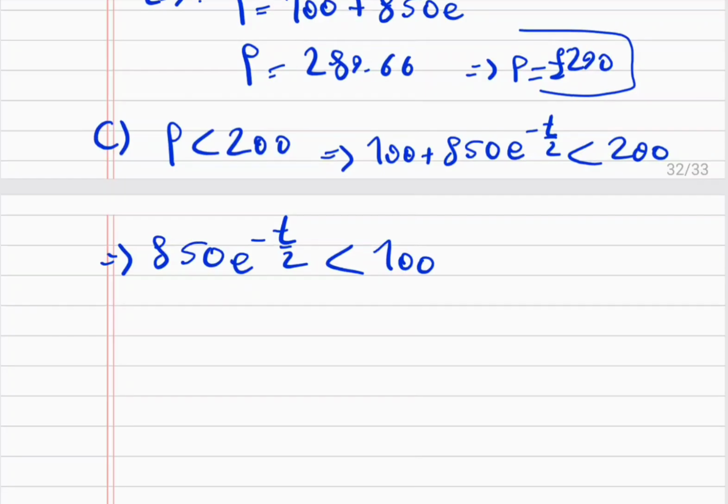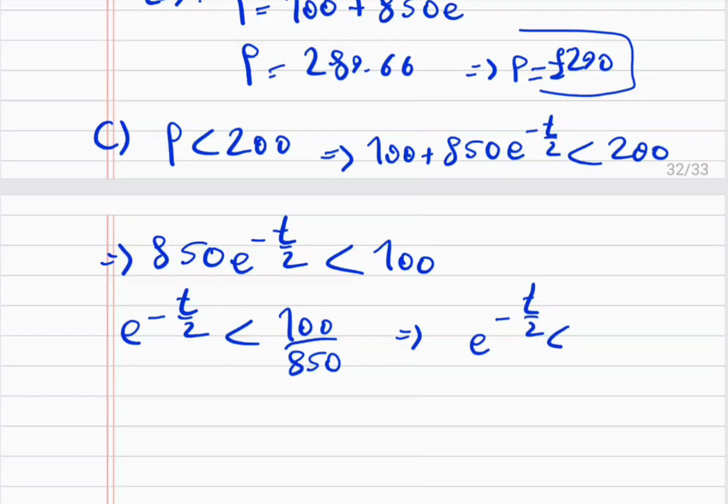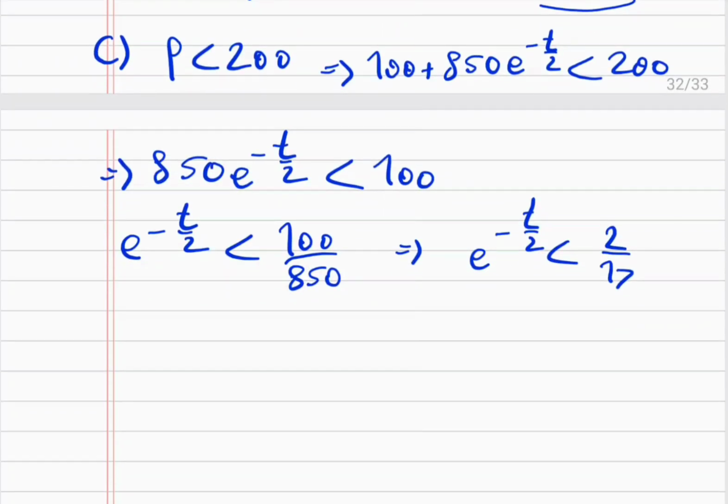So we just solve this, and we can divide both sides by 850. So we have 100 over 850, which is 2 over 17, and we can pretend that this is an equation just to find the value of t here.